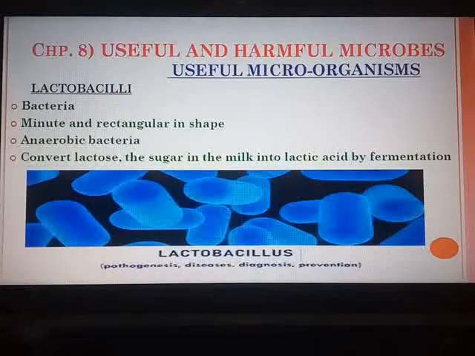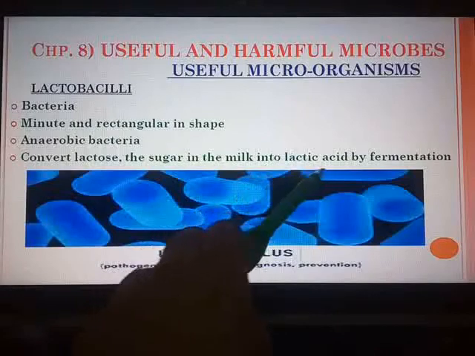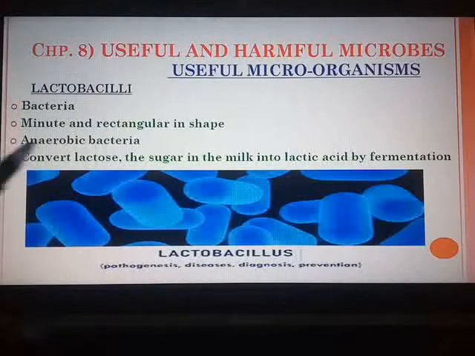This LACTOBACILLI is a type of bacteria which converts the lactose, which is the sugar in the milk, into lactic acid, and this process is called fermentation. So a very useful microbe. Why?